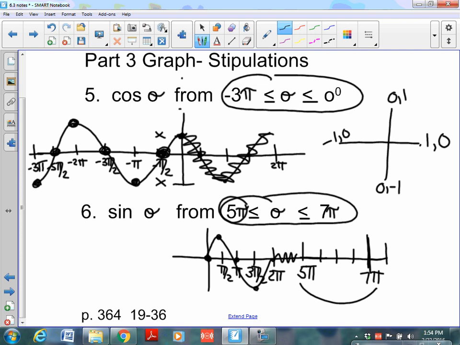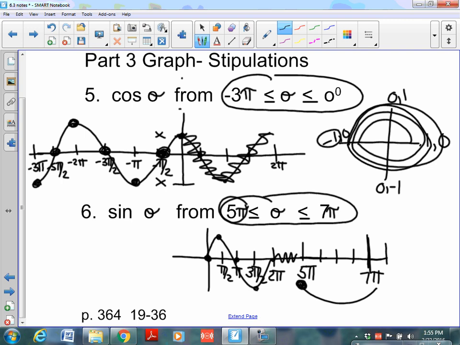Isn't 1 pi a negative 1? Isn't 3 pi also a negative 1? Isn't 5 pi also a negative 1? So at 5 pi, I should be down here at negative 1, right? And if 5 pi is a negative 1, isn't 7 pi also a negative 1, right?